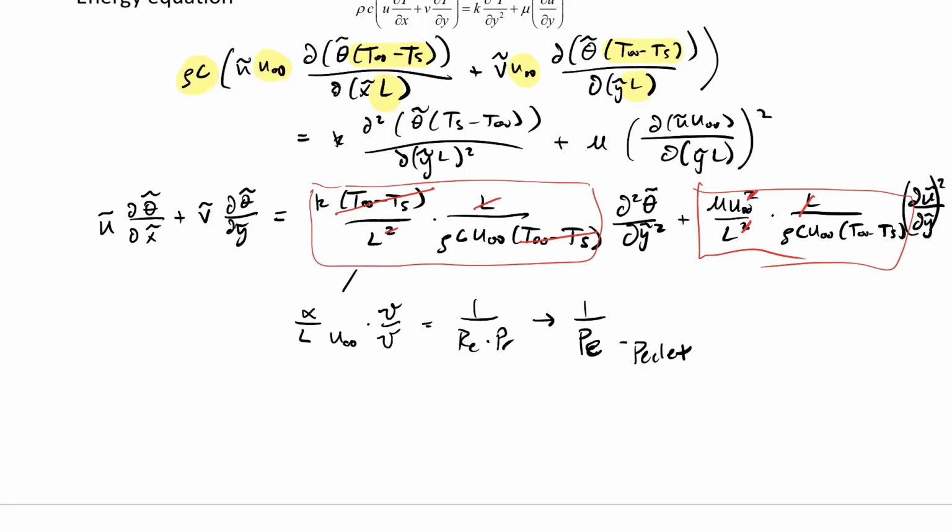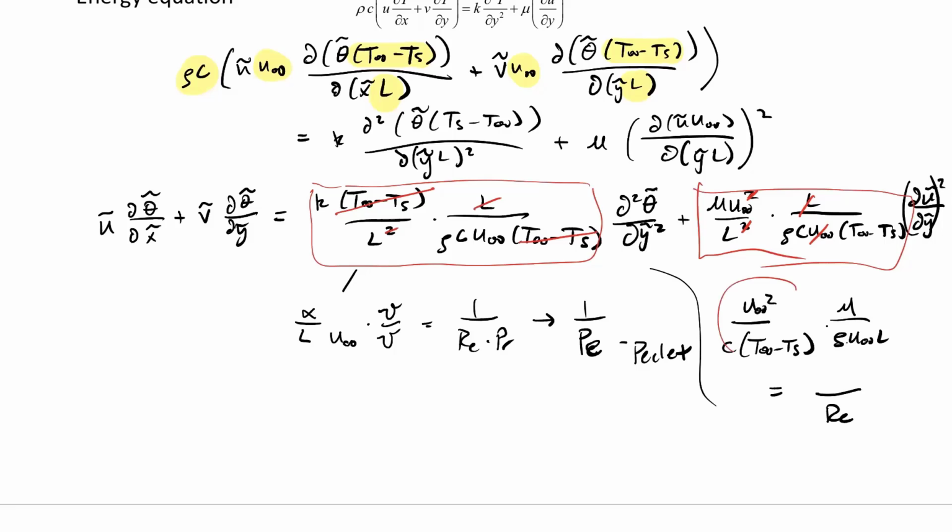We get rid of one of the U infinity's. And we're left with U infinity squared over C times (T infinity minus TS) in the denominator, times mu over rho U infinity L. So we see there's a 1 over Reynolds number there. The rest of this stuff here is actually called the Eckert number, EC.